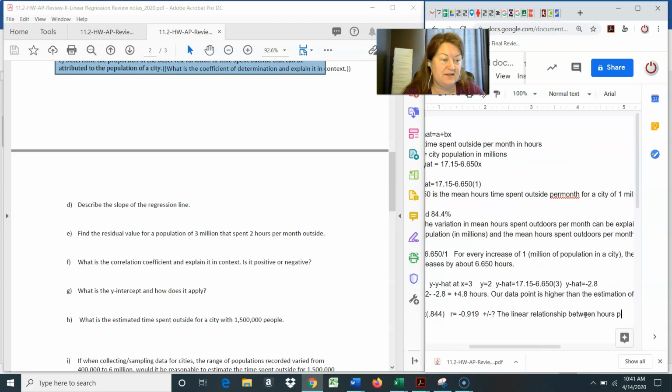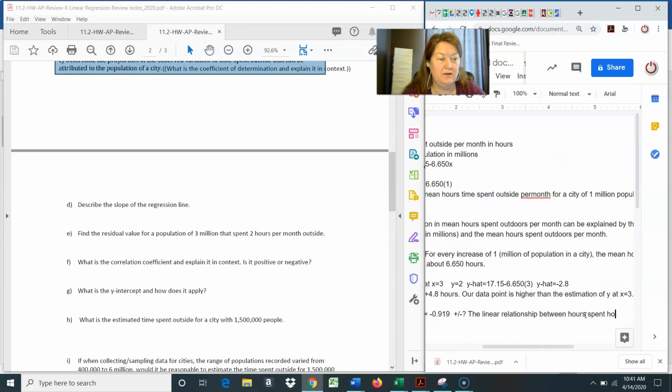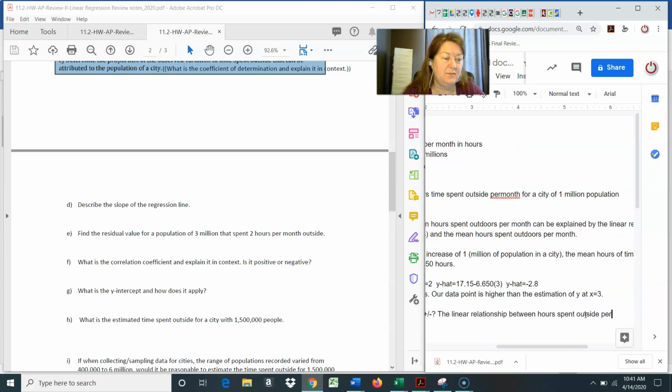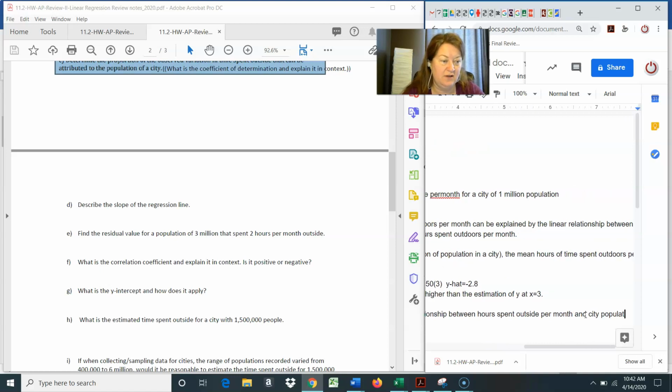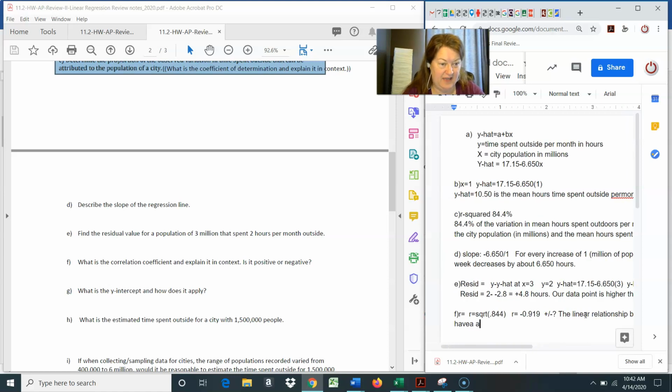Between hours spent outside per month and the city population have a strong negative association or relationship between each other.